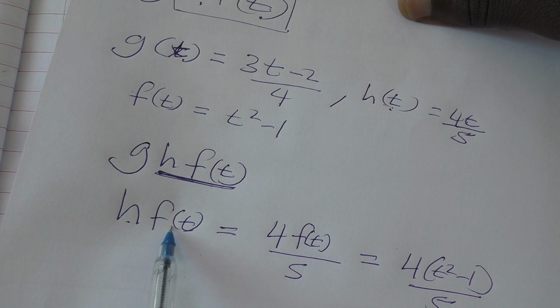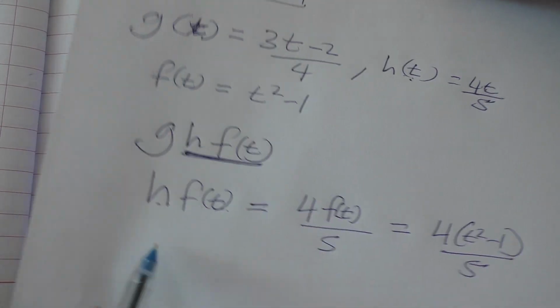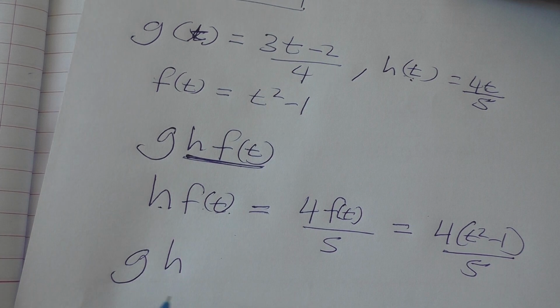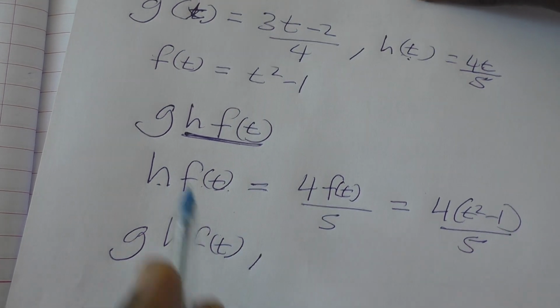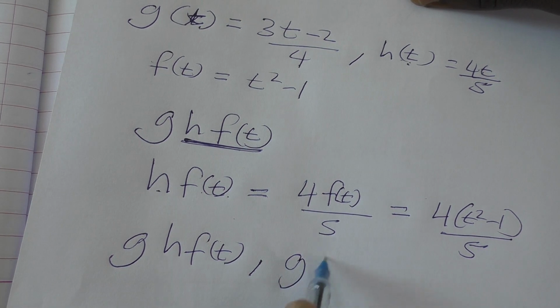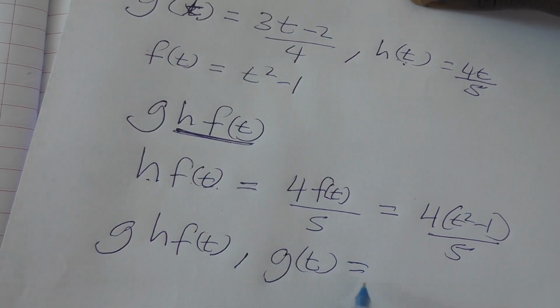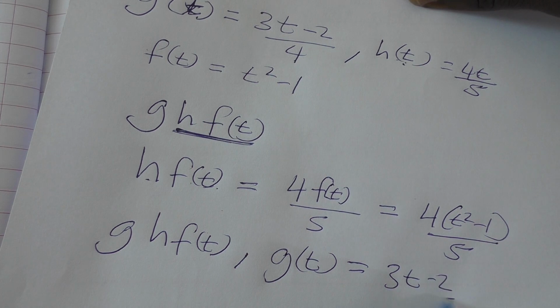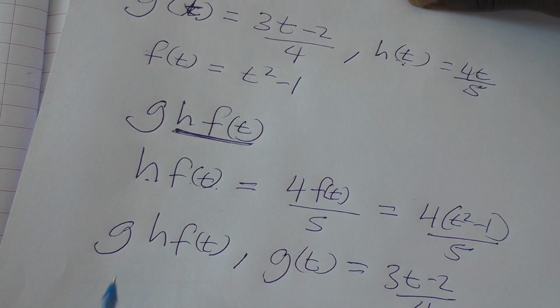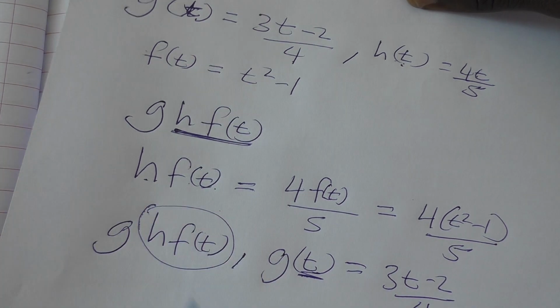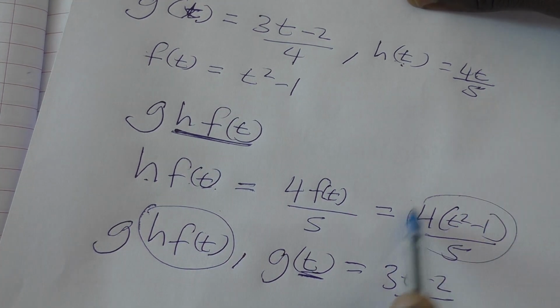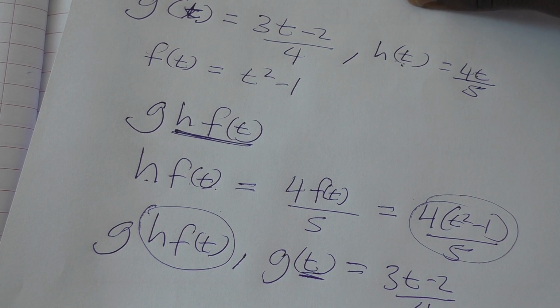That is hf of t. Then for g hf of t, where we have g of t as 3t minus 2 over 4, now we are replacing this t with the hf of t, which will give us the final expression.